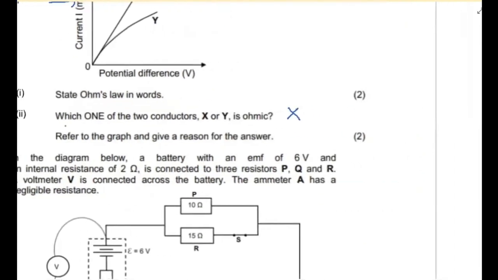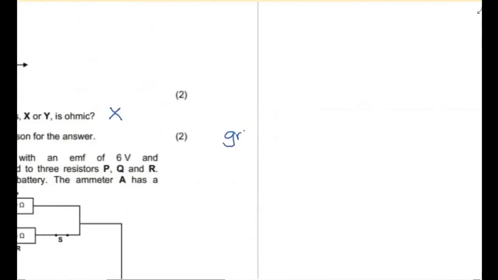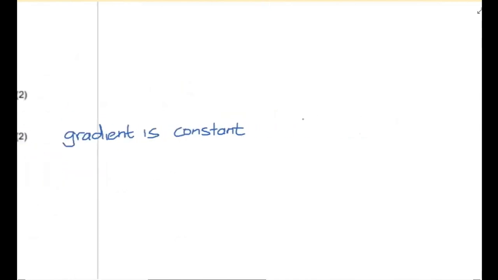When they say refer to the graph, you can talk about the gradient of the graph, the fact that the gradient is constant. And then I would always add in, what do you mean by the gradient is constant?